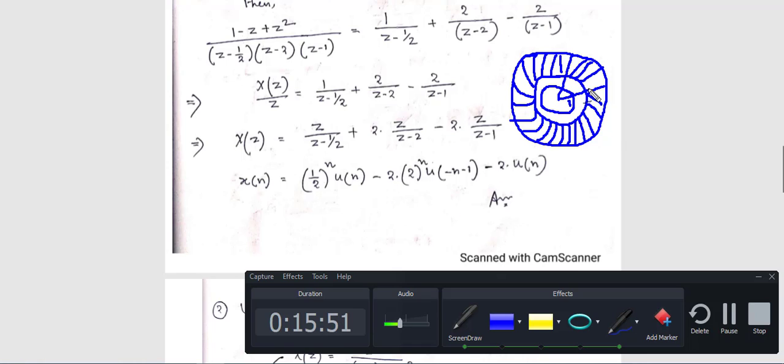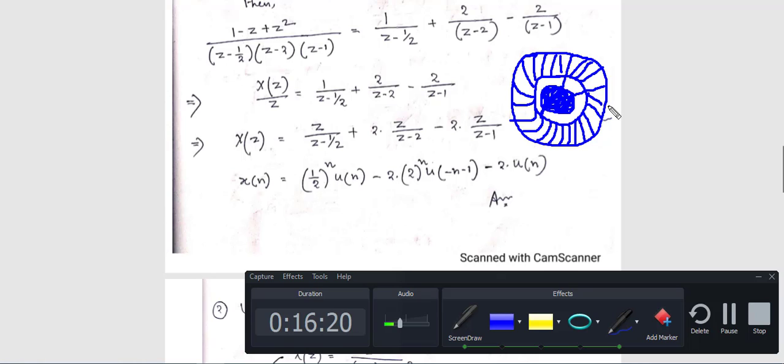Now your given ROC is interior of this circle or exterior of this circle? This portion is half. Now your given ROC is exterior of a circle having radius half.